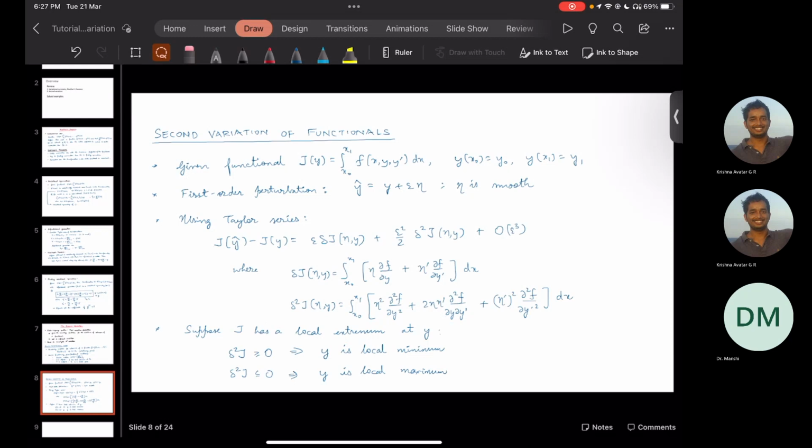Given a functional J of y, the same usual functional that we have been dealing with, integrated from x naught to x1, with the boundary conditions y at x equal to x naught is y naught, and y at x equal to x1 is y1. Here we add a first order perturbation to the extremal y, and this gives the perturbed quantity y hat equal to y plus epsilon eta, where eta is a smooth function.